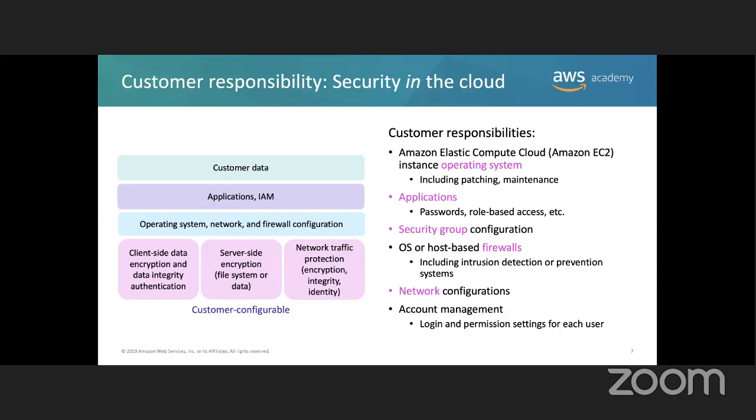That's what we did. We opened port 22 and port 80. That's our responsibility, right? The firewalls, okay, like the security group or the NACLs, the network access control list that we put at the subnet level, that is our responsibility, right? Including intrusion detection or prevention systems. Everything that we use to protect our data is our responsibility, okay?